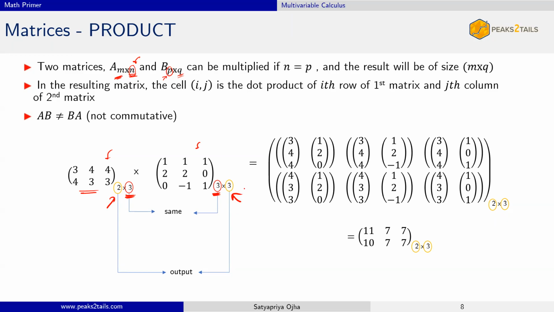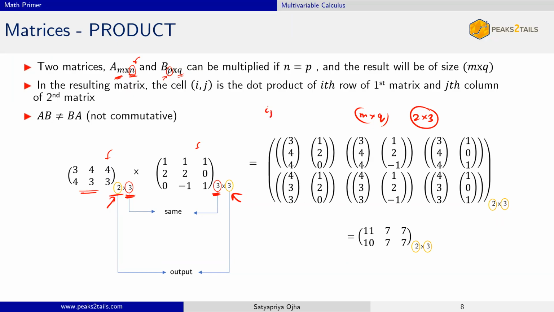Okay. Now, how do we multiply matrices? One golden rule you have to remember. You know the resulting matrix dimension, right? The resulting matrix will have a dimension of m cross q. In this case, 2 cross 3. So there are 6 elements. Okay, 2 rows, 3 columns.